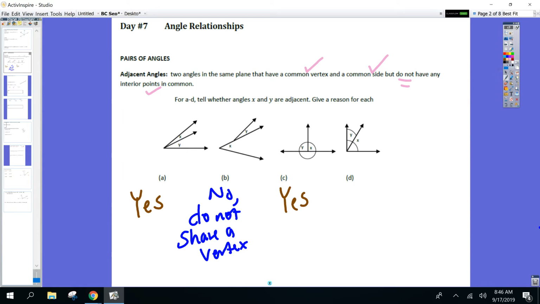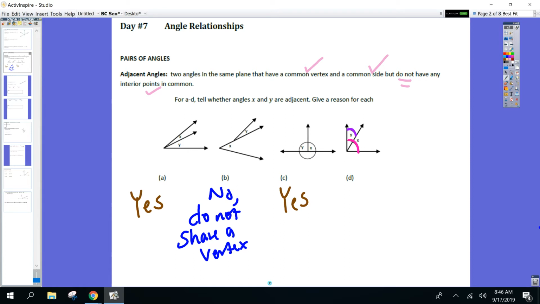All right, if there's any confusion here, angle X is referring to this entire angle right here, and angle Y is referring to this angle right here. So let's go down the list. Do they share a common vertex? Yeah. Do they share a common side? Yes? No?